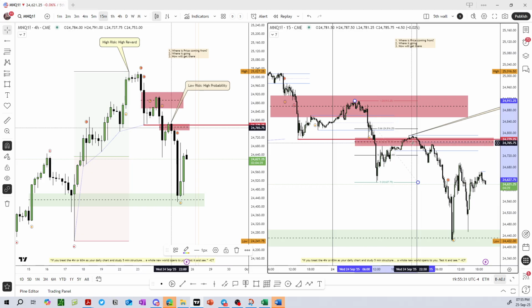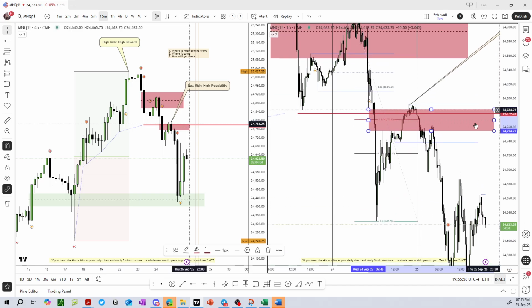Price stayed below, price traded back above 50%, stay below the upper third of the candle of the previous day range, drop back below. So that's your market structure shift, retrace back into this 4-hour fair value gap.